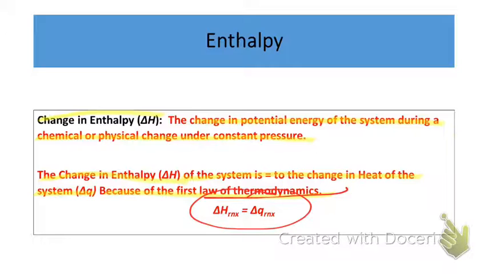So the bottom line is that if a reaction releases heat energy, then the potential energy of the system must also change. If we're losing heat energy, then we're also losing potential energy, because the potential energy is converted into heat energy and leaves the system. Let me say that one more time, because I think that's absolutely critical.